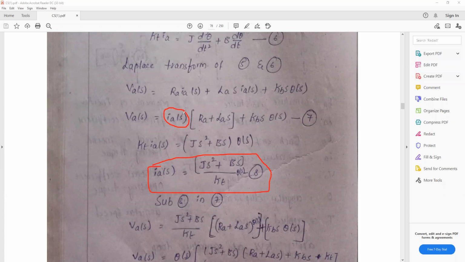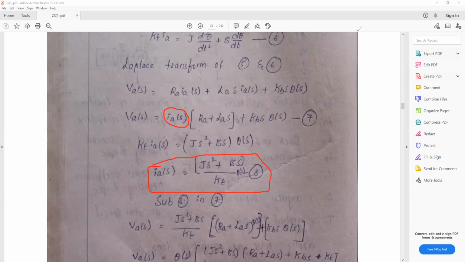The first term is theta of s, and the second term is also theta of s, so theta of s is common: JS square plus BS into RA plus LAS by KT plus KBS into KT.